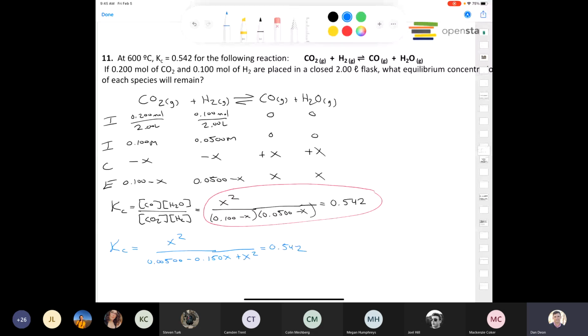You simplify that further, and I got x squared is equal to 0.542... Sorry, where am I? I made a mistake in my notes here.